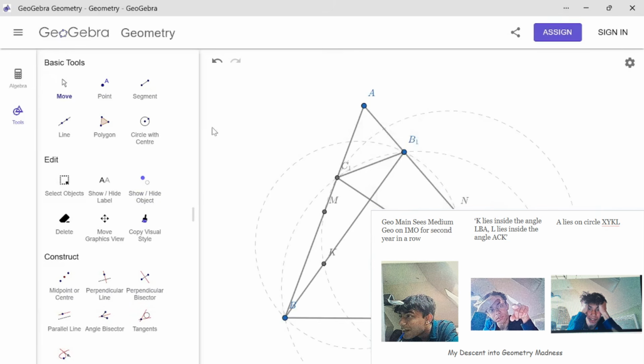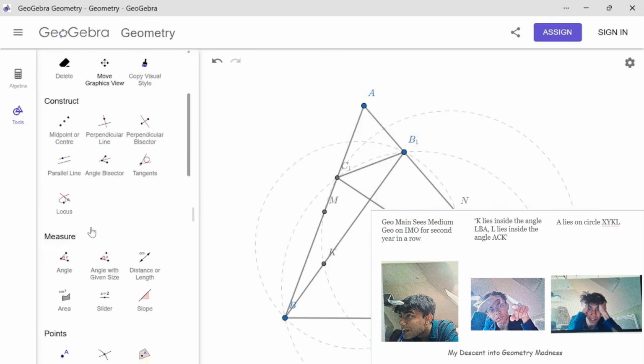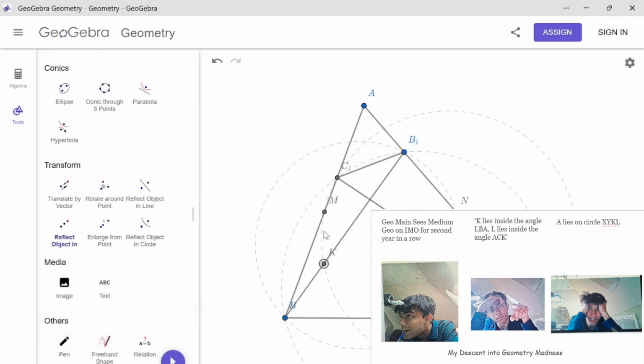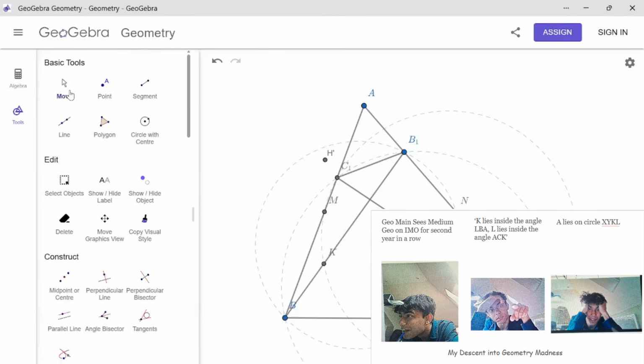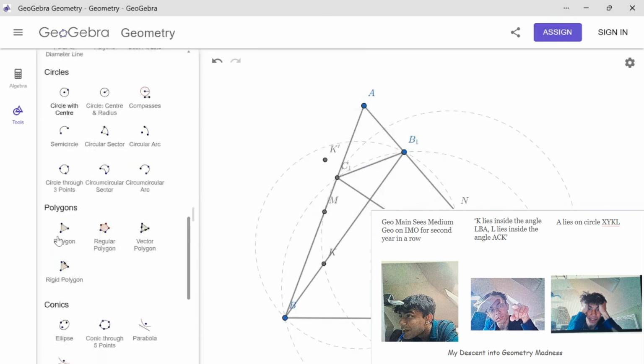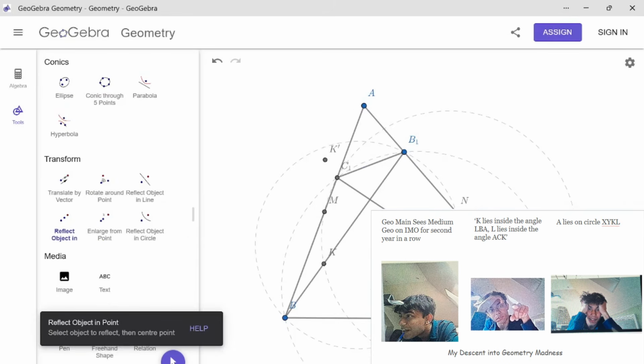Okay, and what do we do? We reflected K in M. And we reflect L in M.